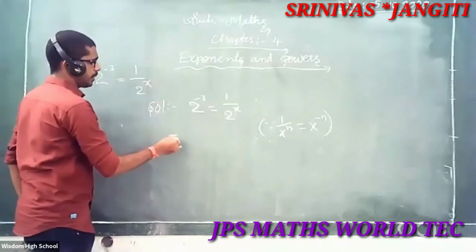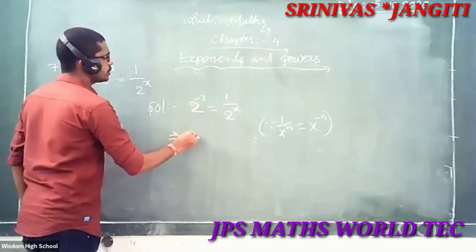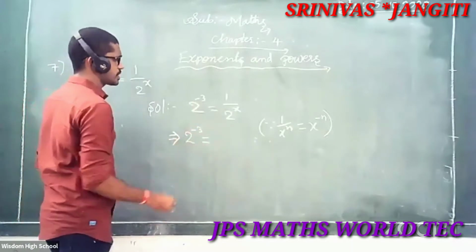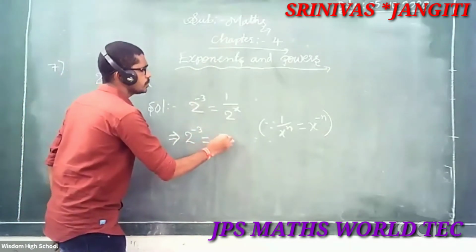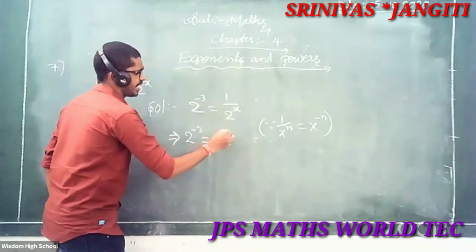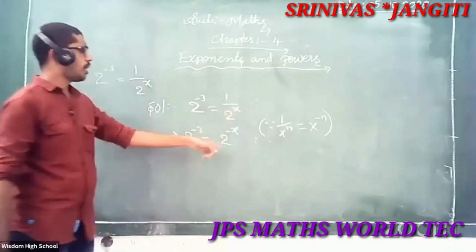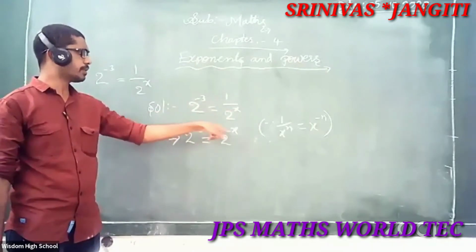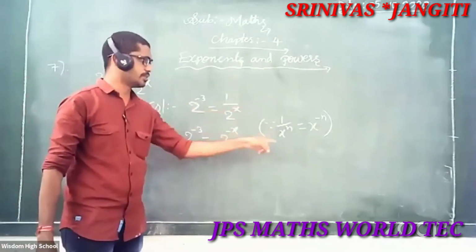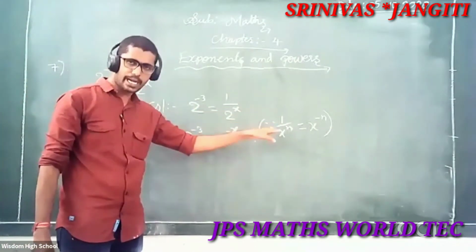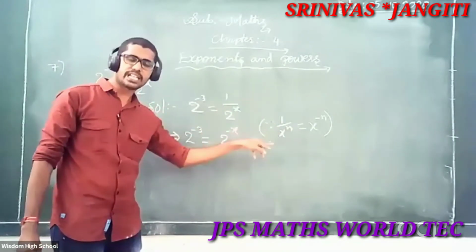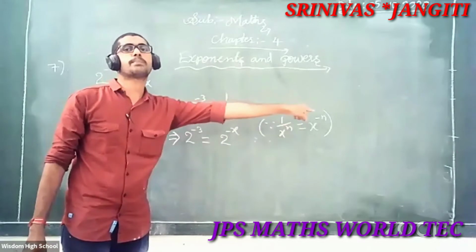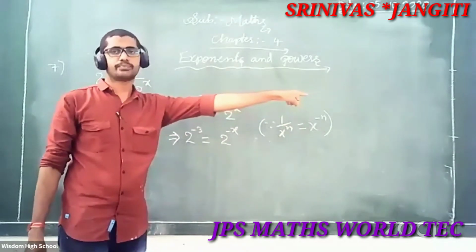That implies 2 to the power of minus 3 is equal to 2 to the power of minus x. How, sir? 1 by 2 to the power of x is 2 to the power of minus x.